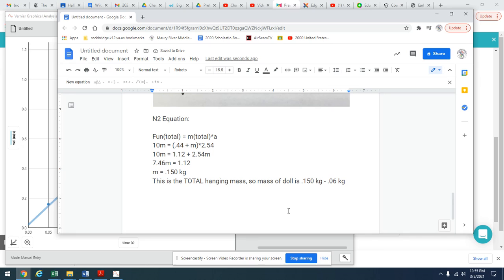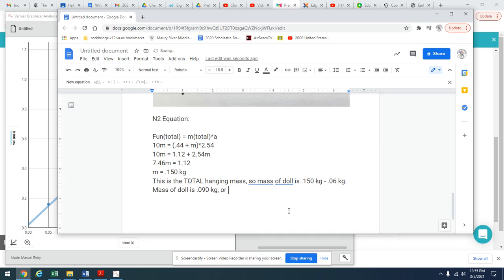I hope that makes sense to you. So the mass is 0.09 kilograms.